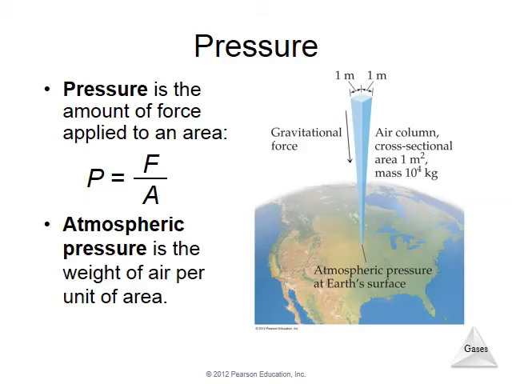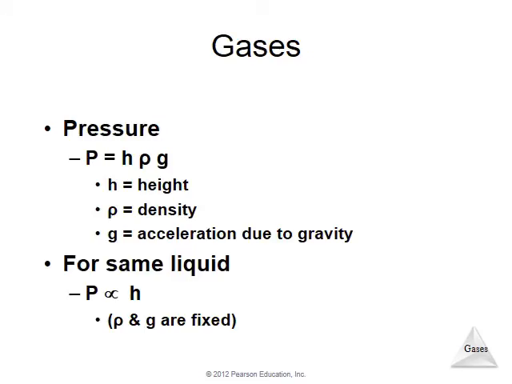Pressure is defined as force per unit area. So keep that in mind before we discuss the unit that we, the chemists, often use. The pressure expression is given by h times density times acceleration due to gravity.